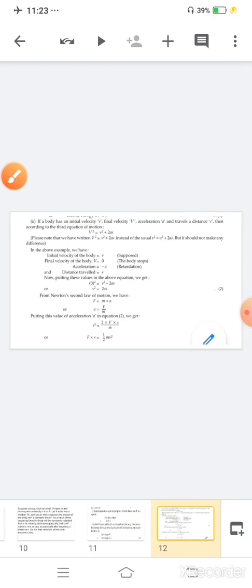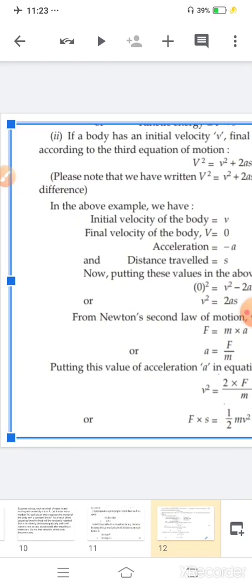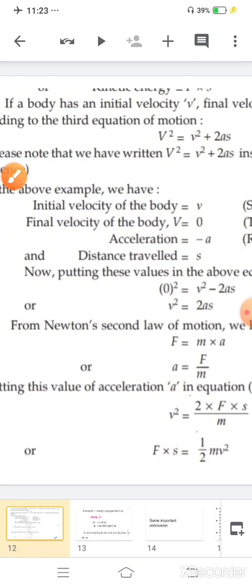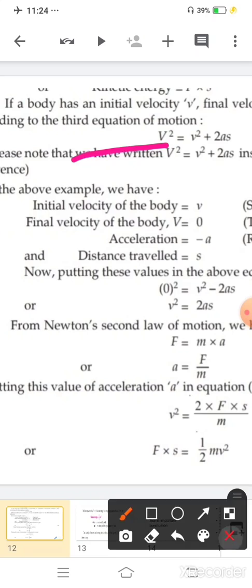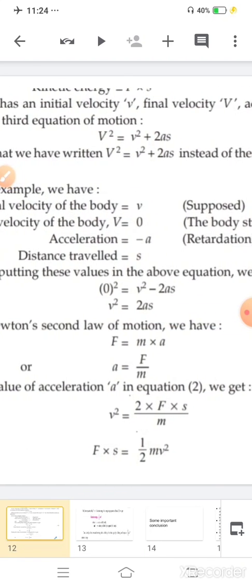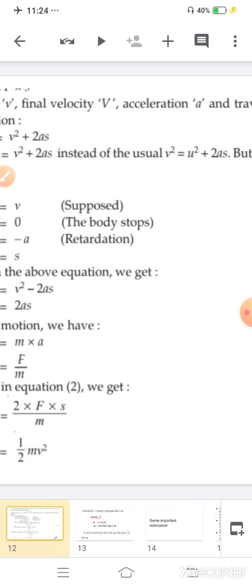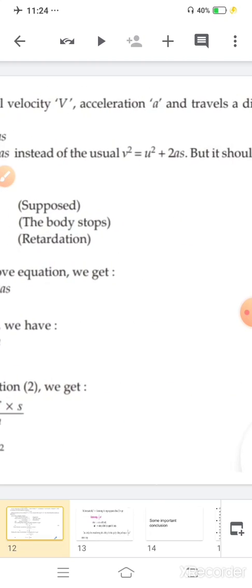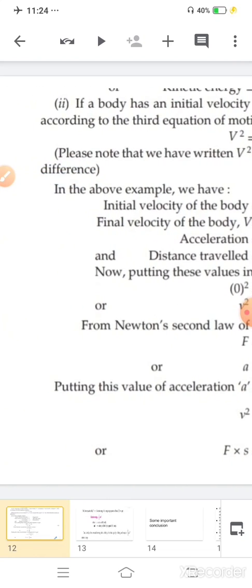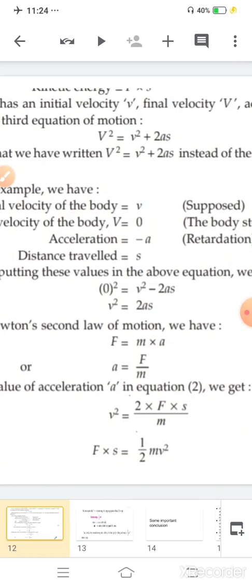Now, if a body has initial velocity u and final velocity v, acceleration a and travels distance s, then according to the third equation of motion, v square is equal to u square plus 2as.